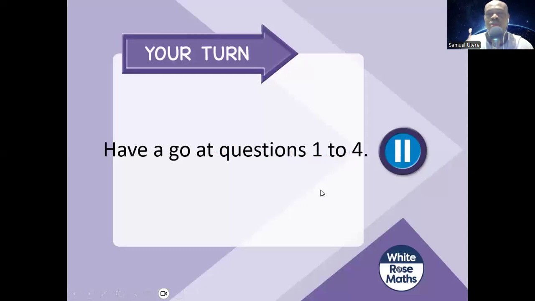So, what we've learned so far is that for you to be able to find out the missing operations in a function machine when you're given the output and the input, you need to think about what changed between the input and the output. Now, thinking about the operations, you can first work out the result in whatever order you think the operations are.